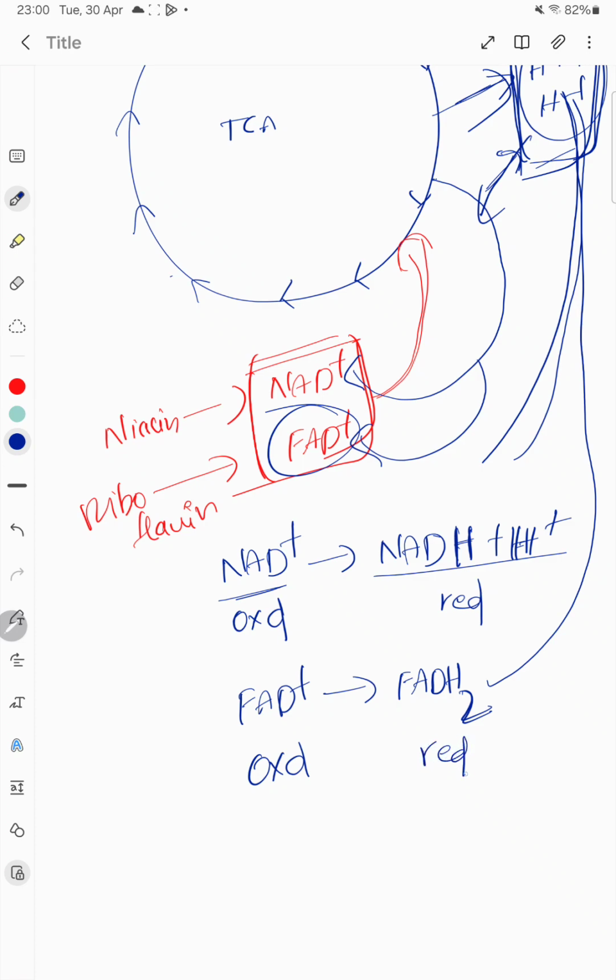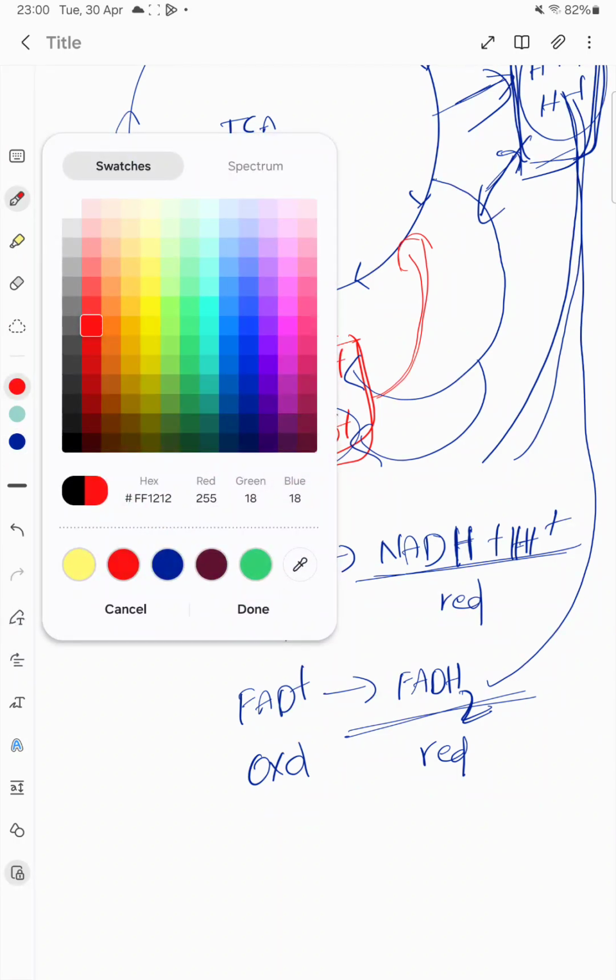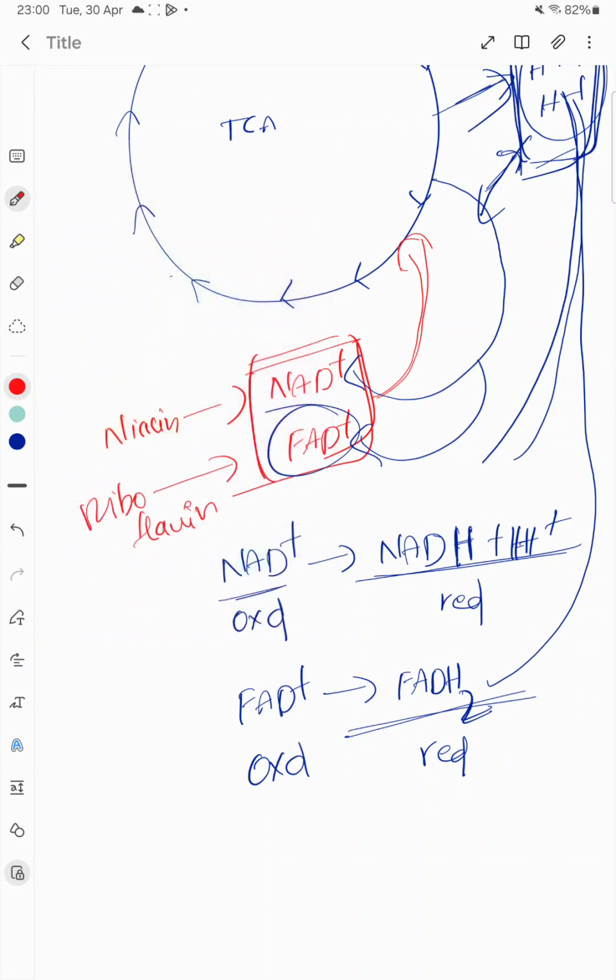Now FADH2 is reduced, as is NADH plus H plus. Got it? So at the end of the TCA cycle, what we got? Reducing equivalents. They are NADH plus H plus and FADH2. The whole energy is now in the NADH plus H plus and FADH2.